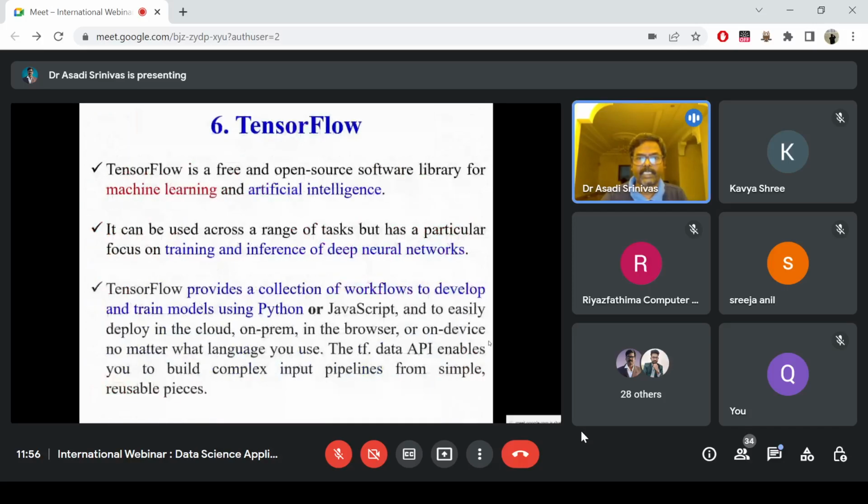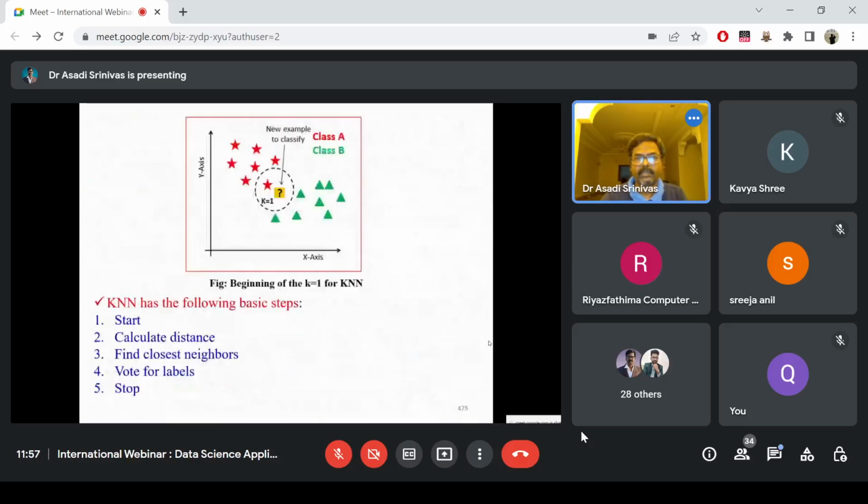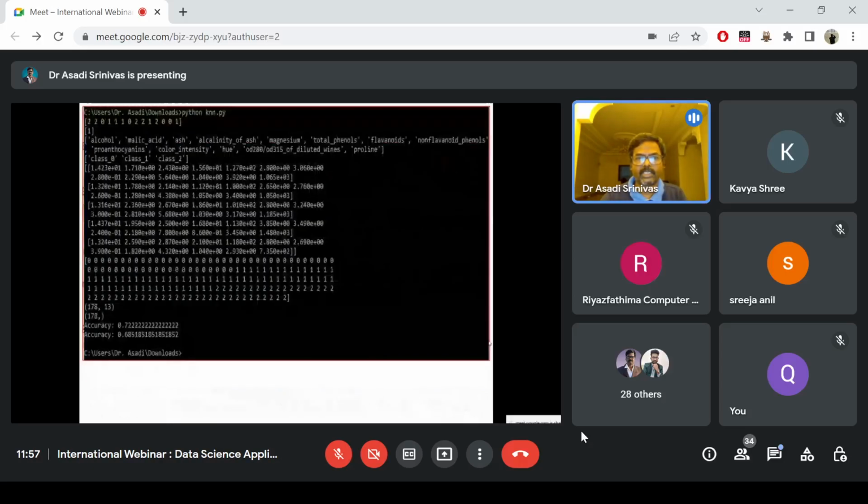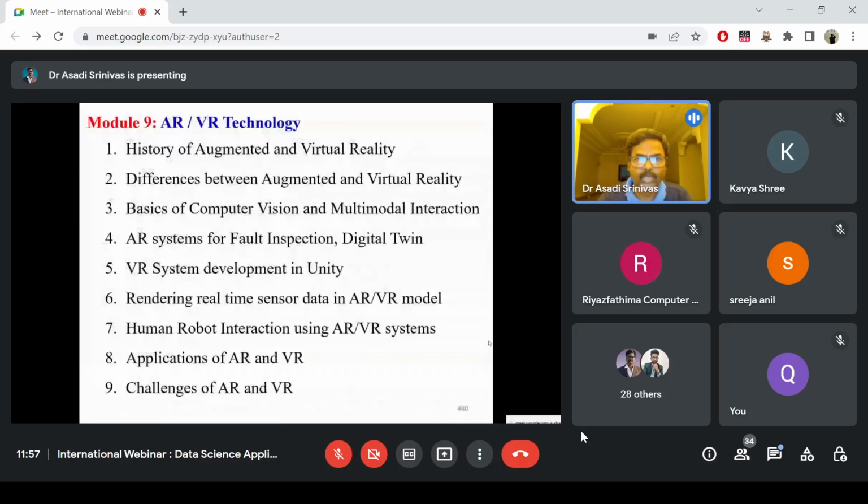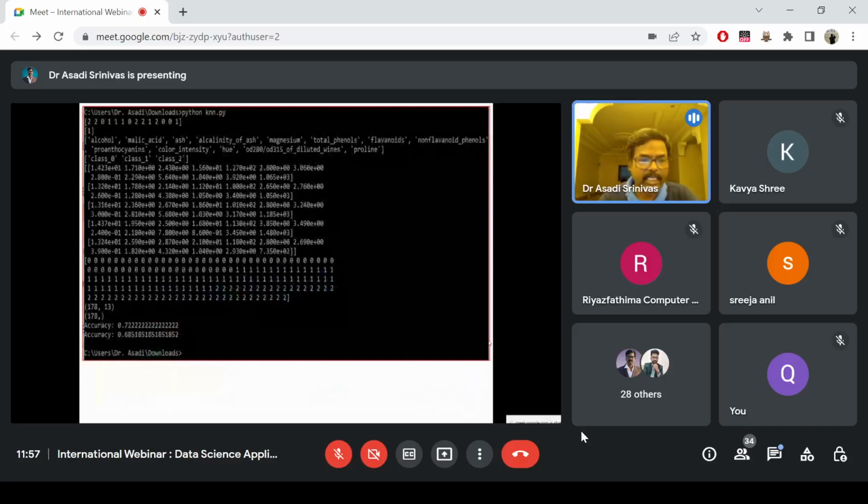These are the packages I have used. Various KNN: just now I have demonstrated KNN. Now I am going to show you this k nearest neighbor algorithm.